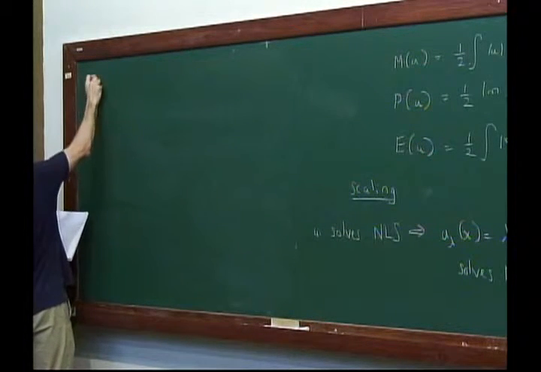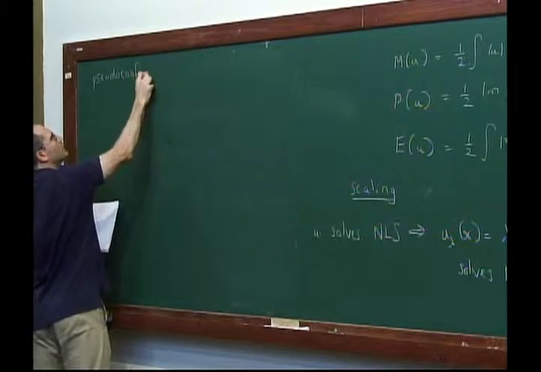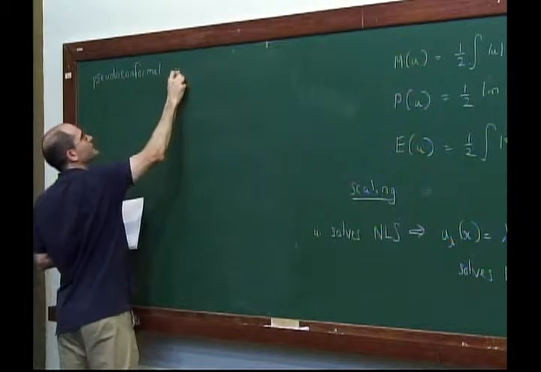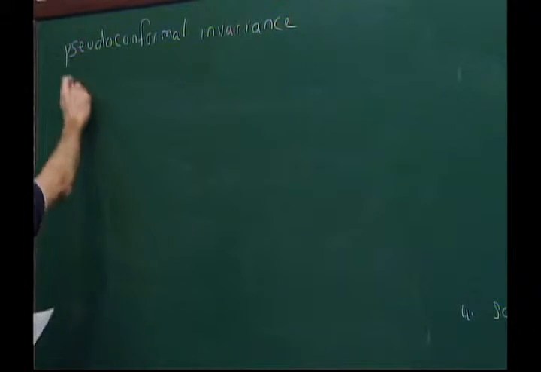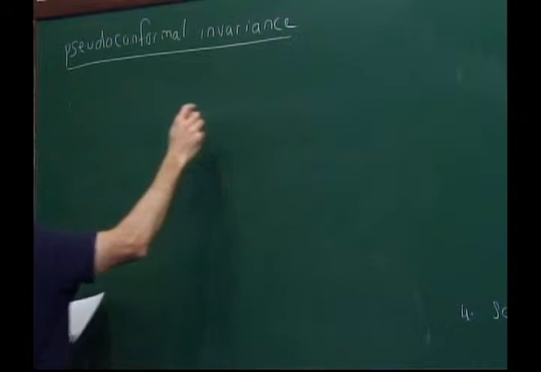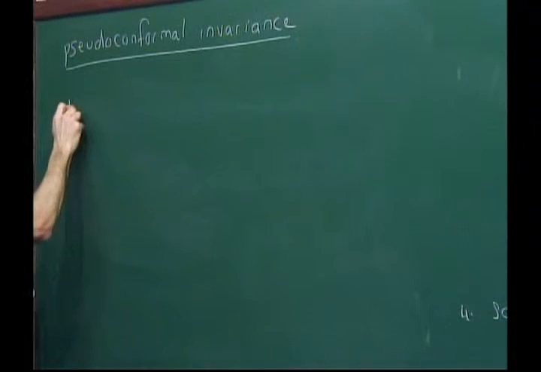So this is a pseudo-conformal invariance, I think discovered by Ginibre and Velo, or Talanov if you ask the Russians. So we start with the linear case.